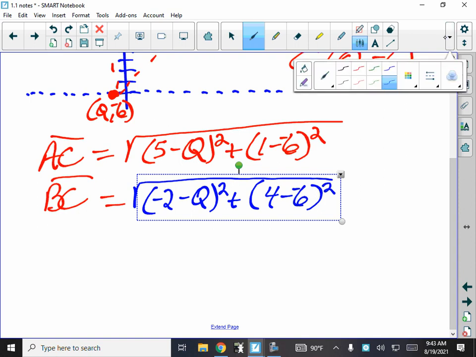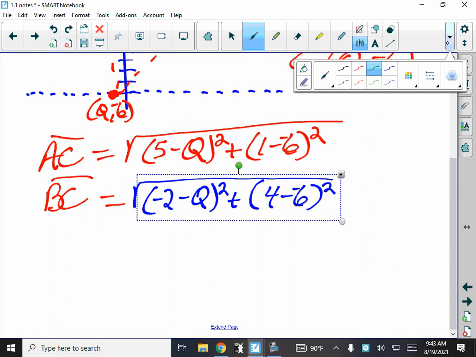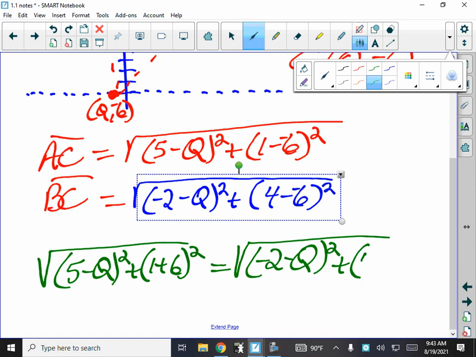That means that this guy, 5 minus Q squared plus 1 plus 6 squared, has to equal this guy, negative 2 minus Q squared plus 4 plus 6 squared.